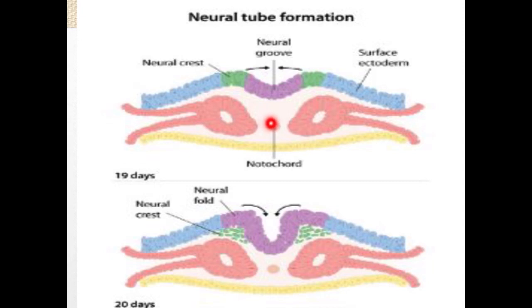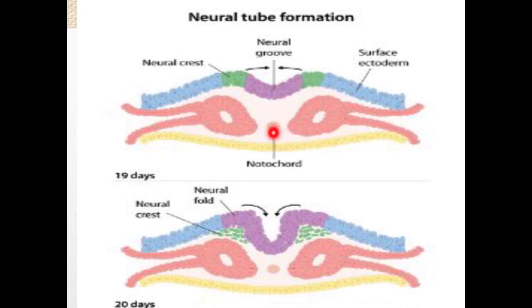Just remember, a few of the epiblast cells will form the notochord. Now, what does this notochord do? This notochord will induce the overlying ectoderm to differentiate into neuroectoderm. Initially this was entirely sky blue.